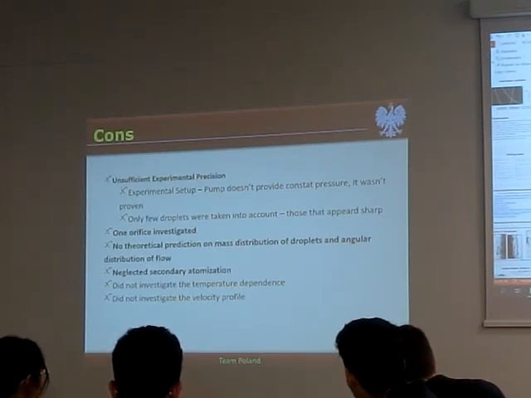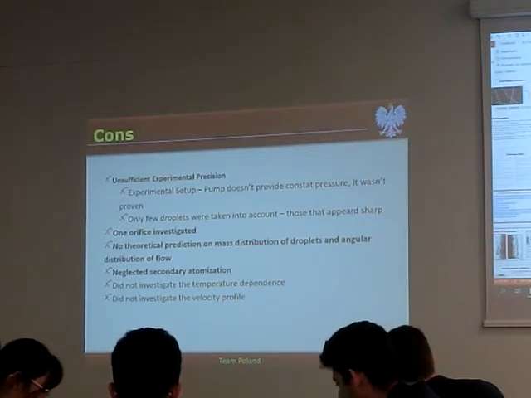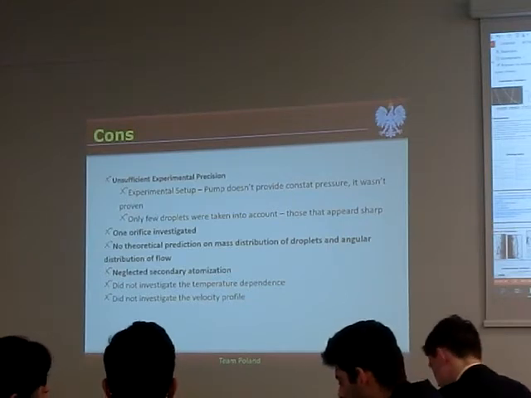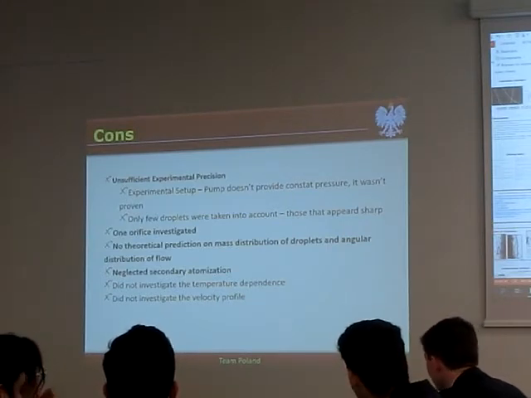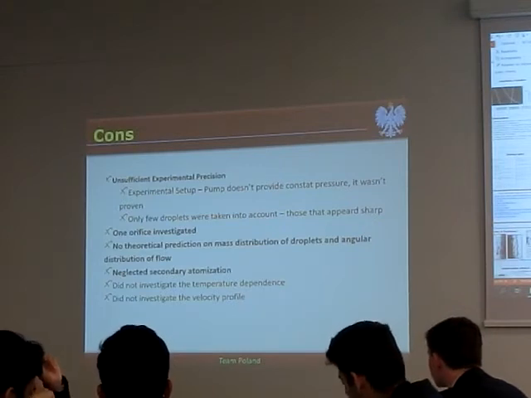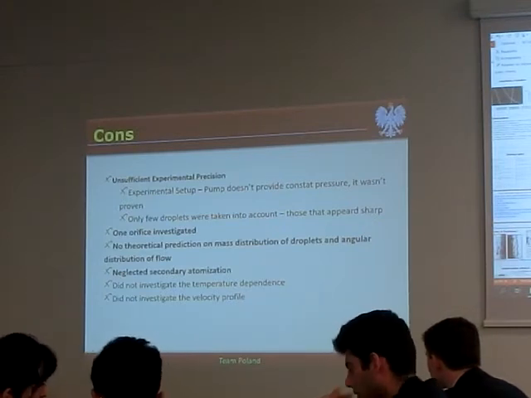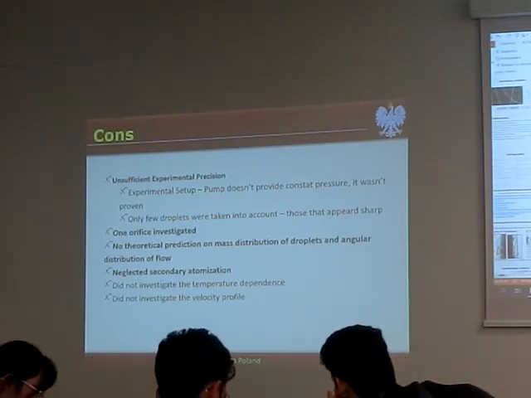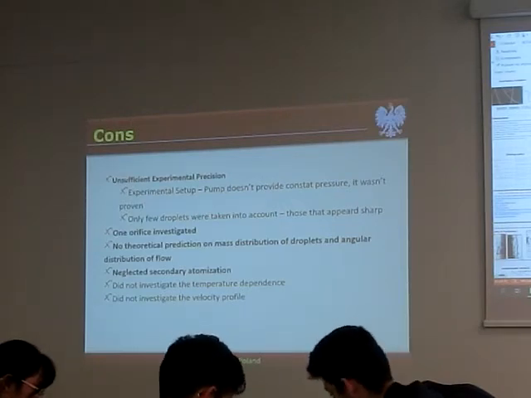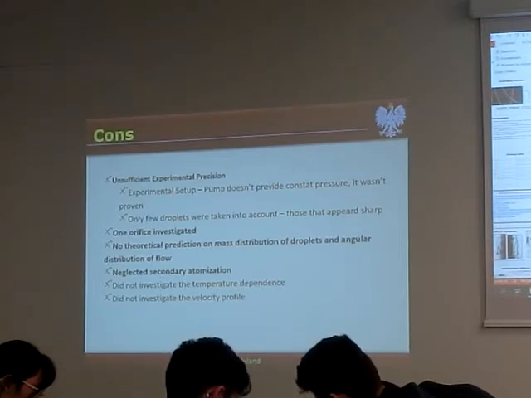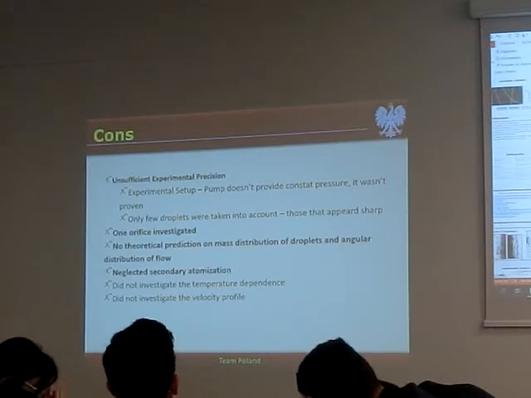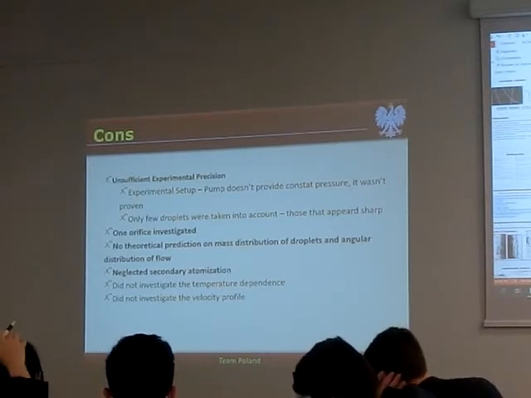We mean by that, they examined only the middle part of the jet, and the droplets which were measured were only the sharpest ones, because the other ones that were not sharp were probably moving with higher speed, and of course they were with some other sizes. So we think that that was not well examined.